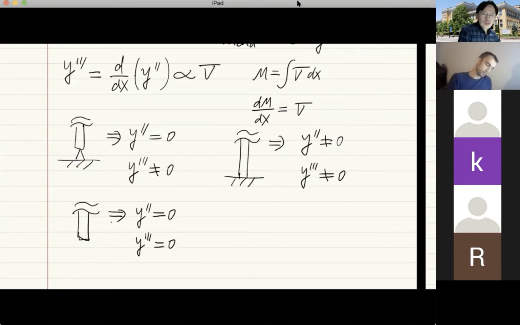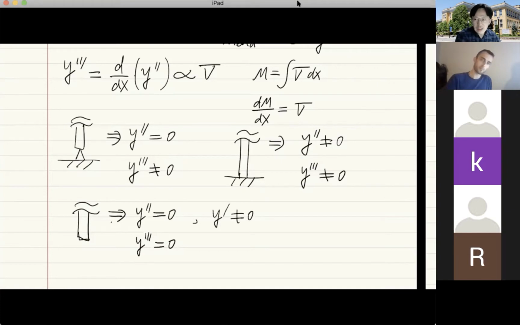Now, let me ask you this. What happens to the first order derivative? In this case, suppose it's a free end. It will not be 0, right? So the first order derivative must not be 0, because that means it's a free end.